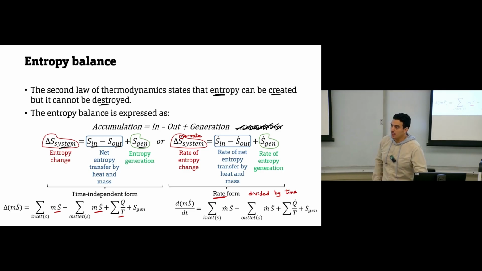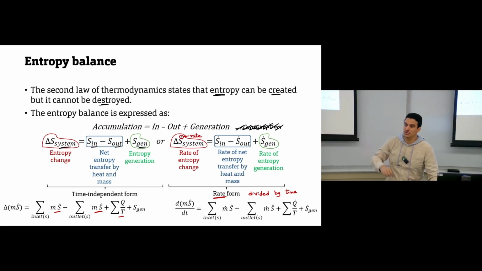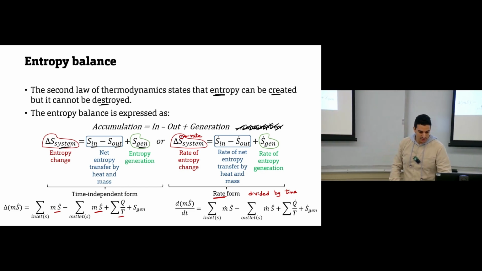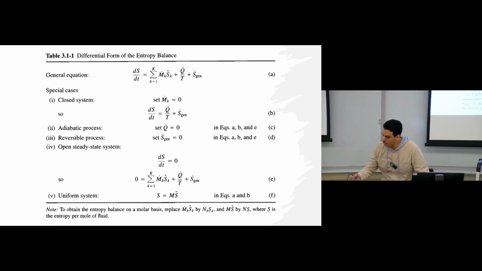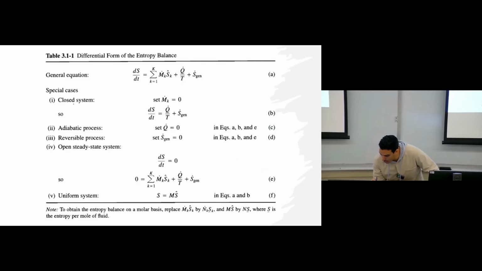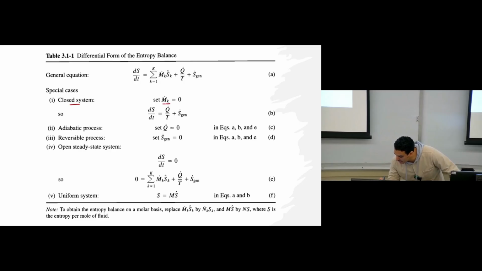You have tables in the slides. These tables give you the general equation, and based on the assumptions, we can reduce these general equations into more simplified forms, similar to what you can see here. This is the general equation we have. If you have a closed system, then the mass flow rate for the inlet and outlet will be 0, and this will be the equation for a closed system. If you have an adiabatic process, then this term will be 0.